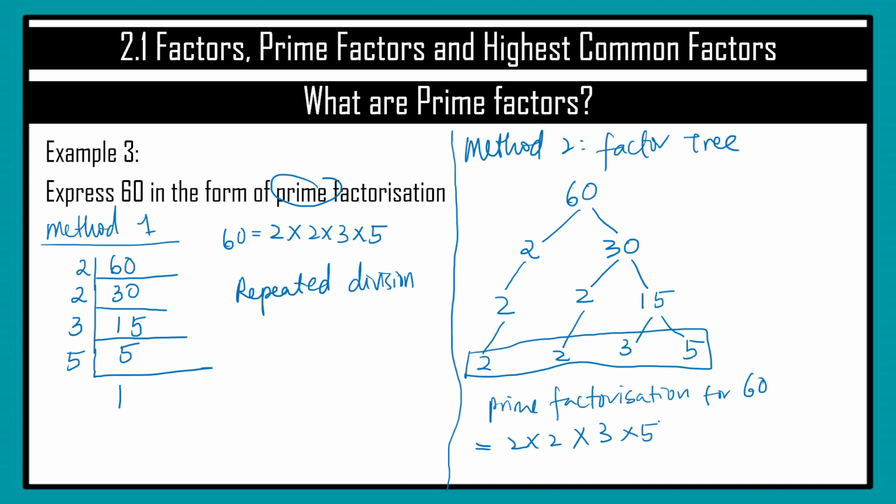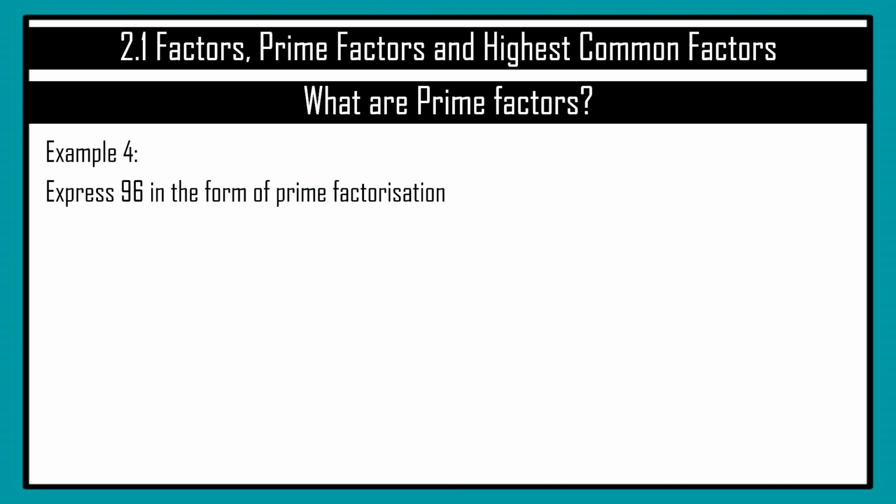Now these two methods you must be familiar with, because there are times that we're going to use repeated division, there are times that we use factor tree. So remember, we are going to always start with the smallest prime number. Usually it's either 2, 3 or sometimes 5, depending on the number. Okay, so let's try this one. 96.